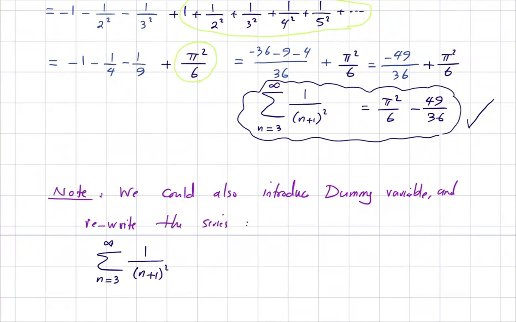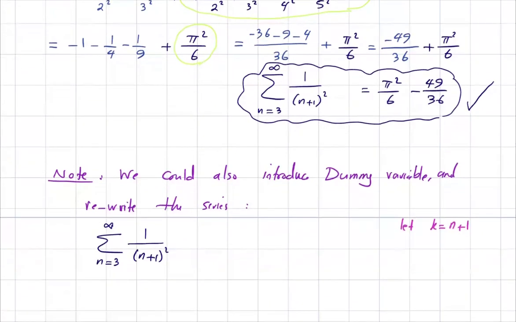Wherever I see n plus 1, I'm going to use a new variable like k. So let k be n plus 1, right? So wherever you see n, you're going to use k minus 1.